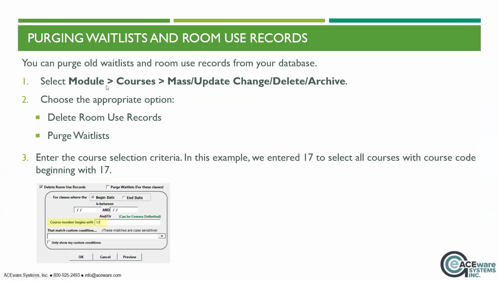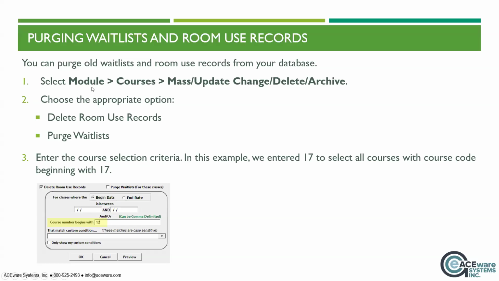Purging old wait lists will be under the module. Module courses, mass update, change, delete, archive. I'm hoping that you have used at least courses, because that's where you're going to deactivate or archive courses that you don't need to have access to immediately.